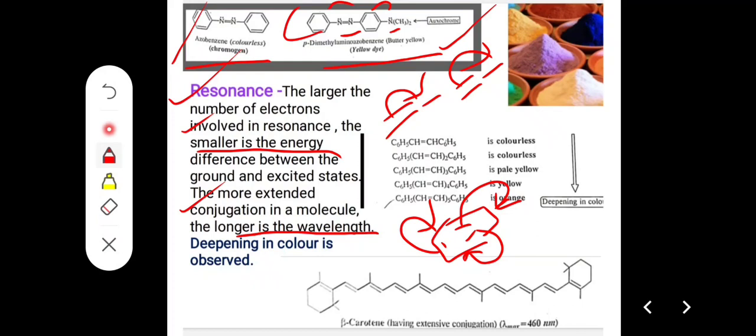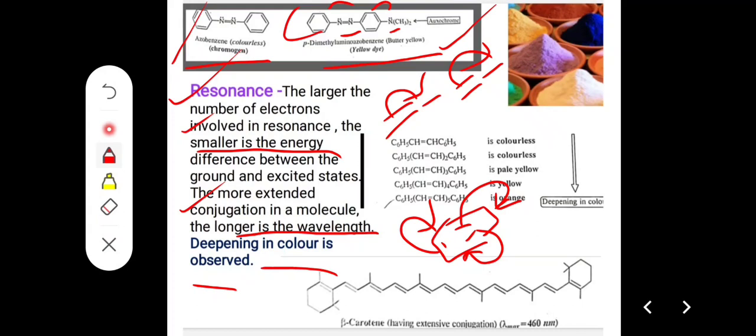So the molecule overall gets stability, and the energy decreases. As we know, energy is inversely proportional to wavelength, so the wavelength is in a longer region. Okay. So deepening of color can occur.